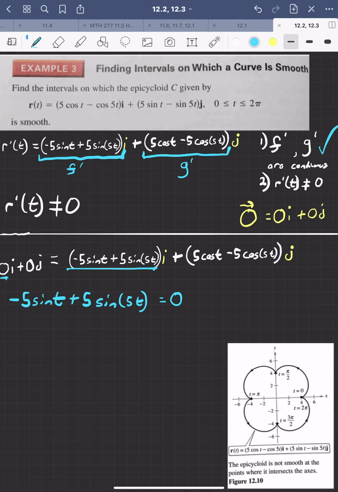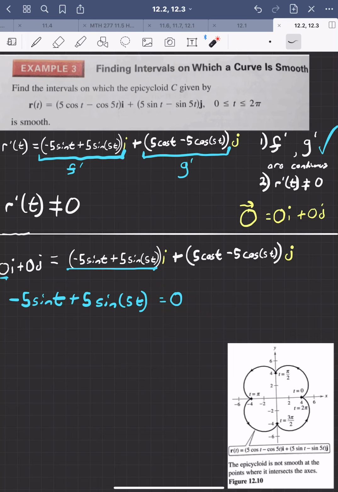How are we going to do this? Let's think about that for just a second. What value of t would make this a true statement that it's equal to 0?